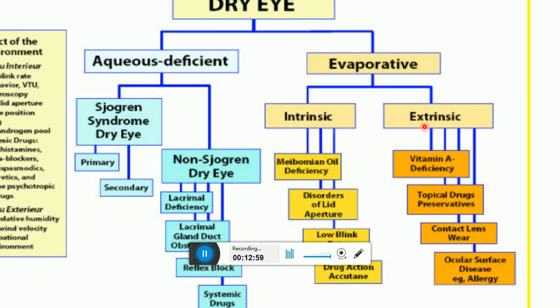So the next type of evaporative is extrinsic. It may be due to vitamin A deficiency, topical drugs, including the effects of preservatives, contact lens wear, and ocular surface disease such as allergic conjunctivitis. So whether a patient has primary aqueous deficiency or evaporative dry eye, the end result is ocular surface inflammation and discomfort.